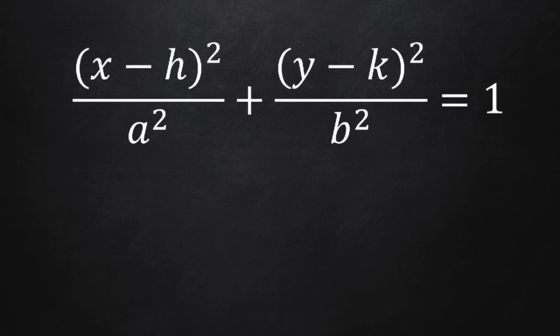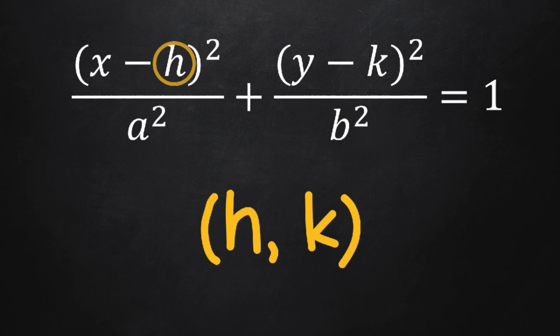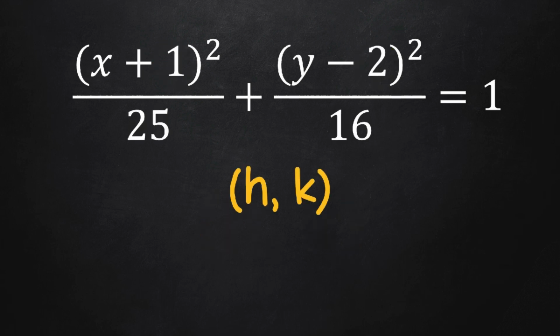As stated in the standard equation of the ellipse, we need to get the center using the values of h and k. We will use our example a while ago: (x plus 1) quantity squared over 25 plus (y minus 2) quantity squared over 16 equals 1.